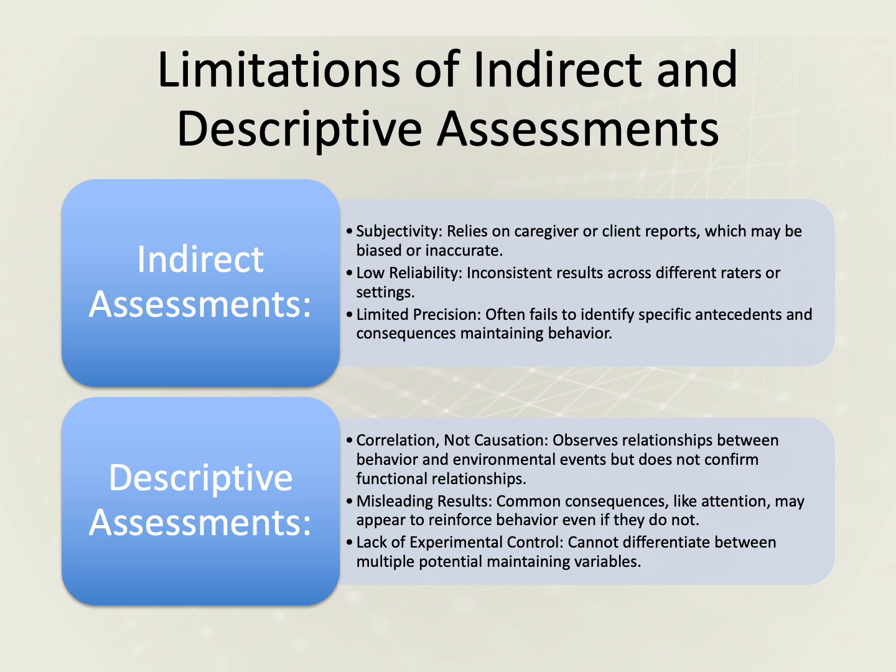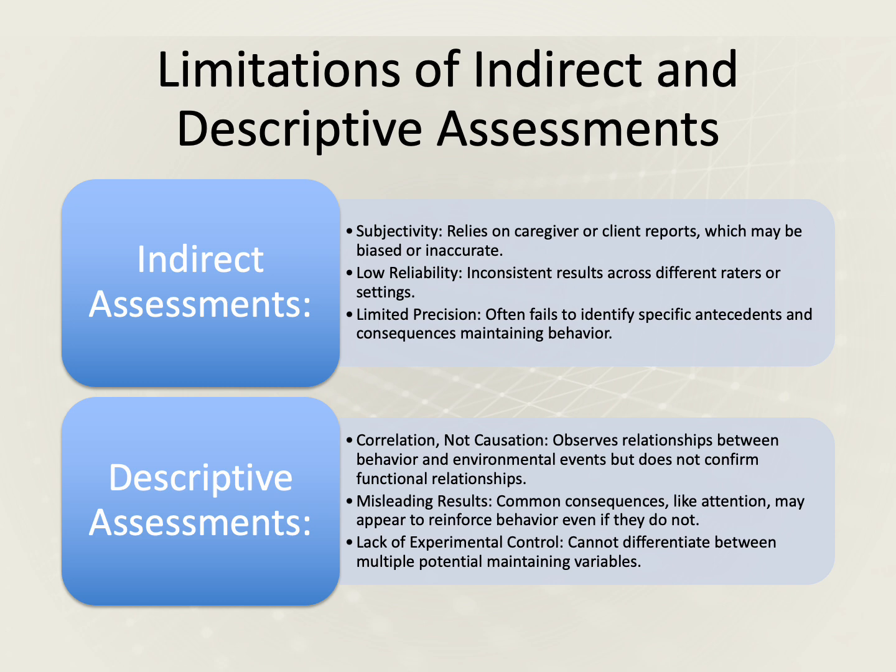So some of the other limitations from the descriptive assessment is that it could give us misleading results, meaning that some common consequences like attention may appear to reinforce the behavior even if they don't. And then lack of experimental control, which is that we cannot differentiate between multiple potential maintaining variables. And of course, there's lack of experimental control because we're not manipulating anything.